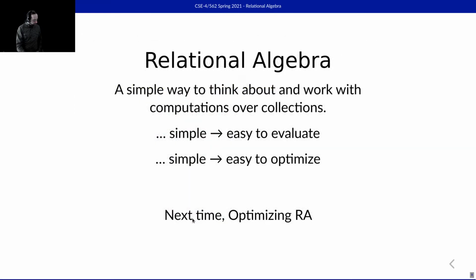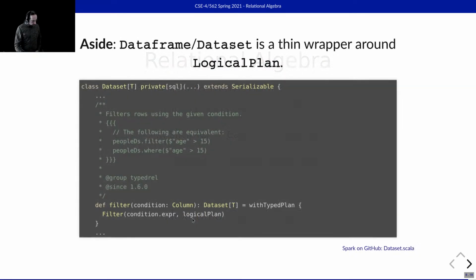Anyway, one really quick note I will leave you with here is if you've used Spark already and you're familiar with what a DataFrame or a Dataset is, there's another link here that will essentially show you that every single thing that you can do with the Dataset API links directly to logical plans.